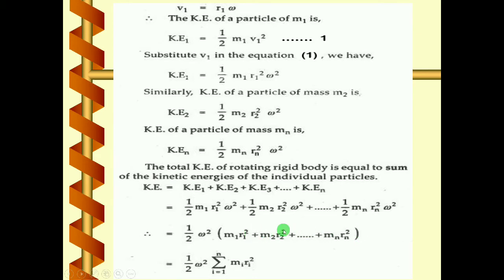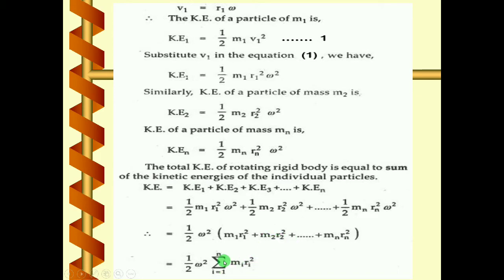And all this term in the bracket is nothing but a summation. You can generalize the equation as summation mi ri square, where i takes values from 1 to n. Suppose you put i value as 1, you get the expression m1 r1 square. If you put i equal to 2, you get the expression m2 r2 square.